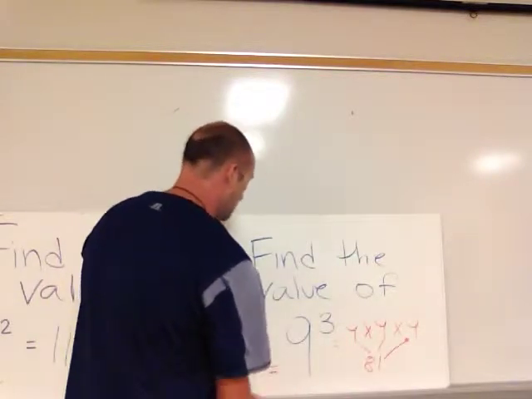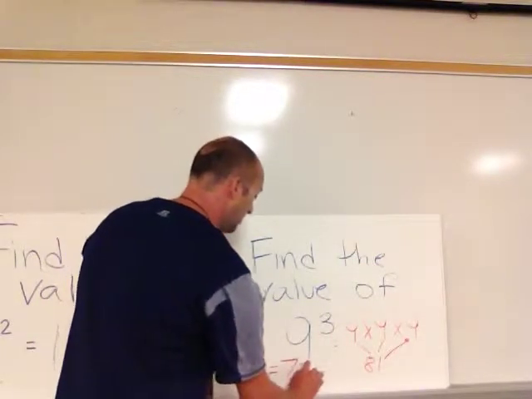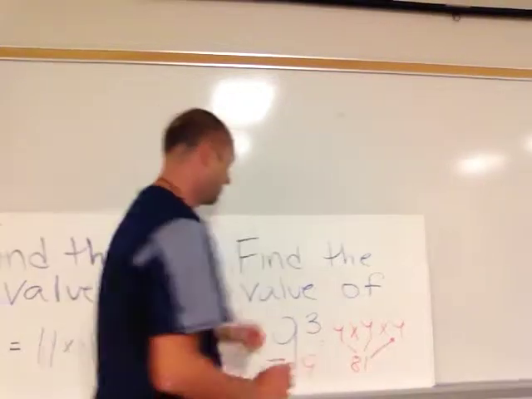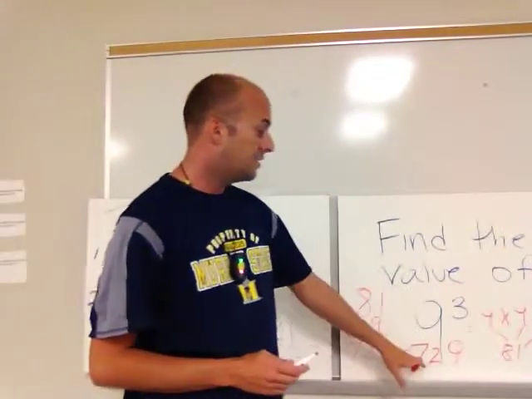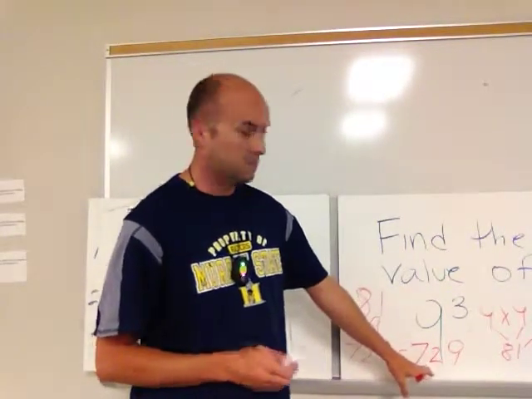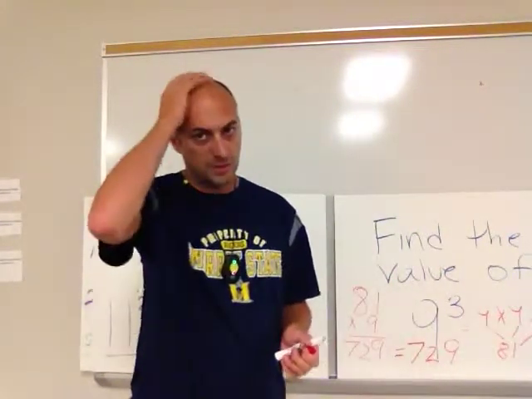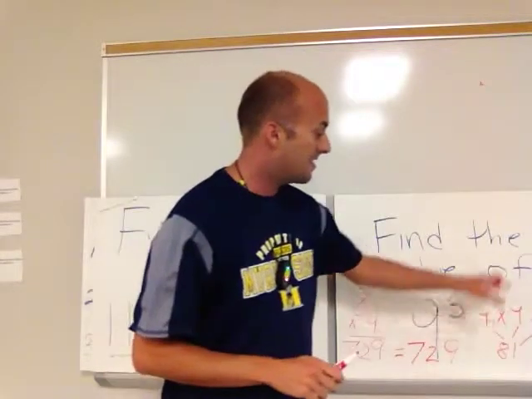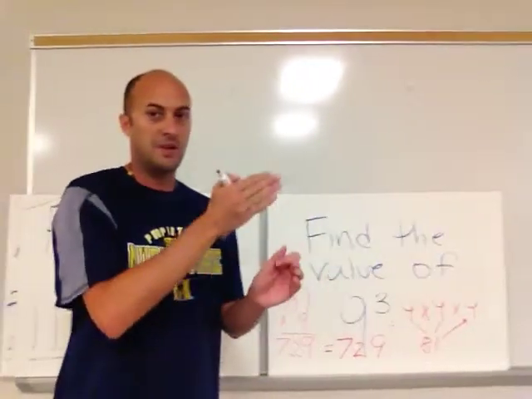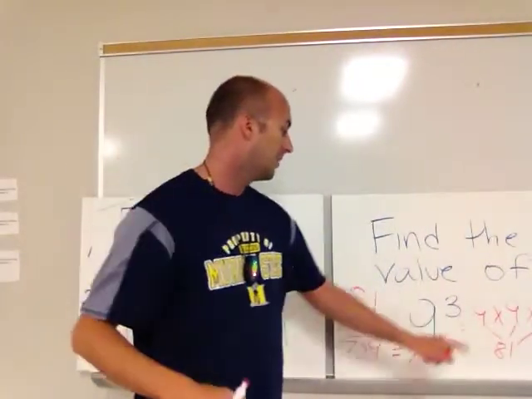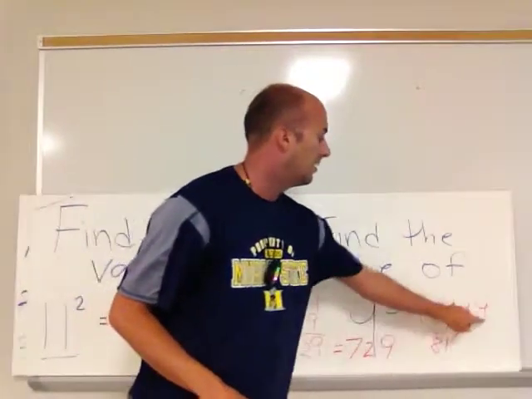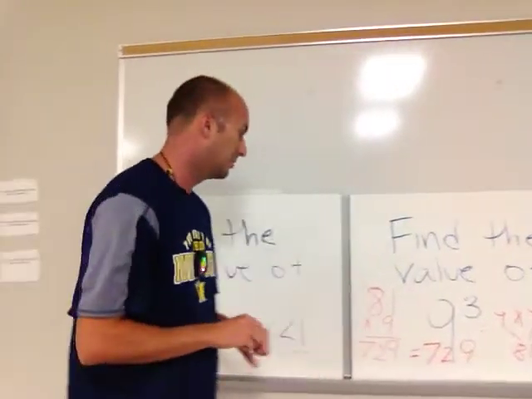So 9 to the third power is 729. That's a huge, huge difference than 27. So if you were thinking 27, because it was 9 to the third power, remember, erase that. This is 9 times 9 times 9. Repeated factor of 9, 3 times. 9 times 9 is 81. 81 times 9, 729.